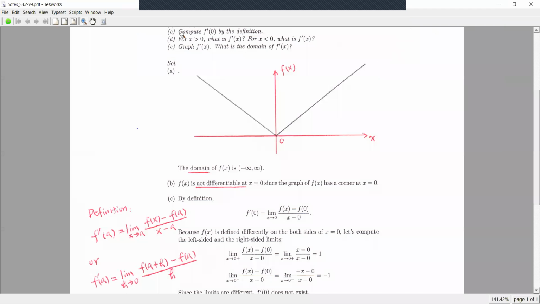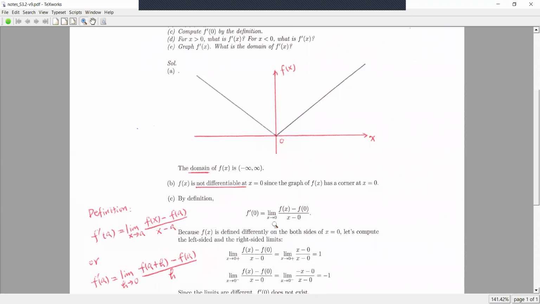Part C. Compute the derivative at 0 by the definition. These two formulas are the definition of the derivative. By this formula, the derivative at 0 is this limit.